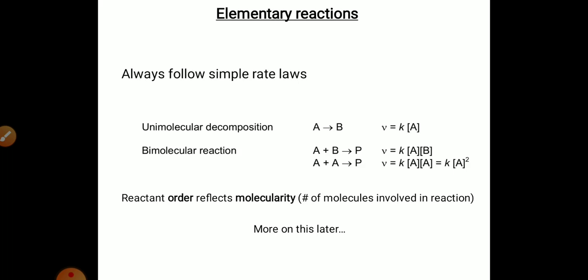So in an elementary reaction, okay, like a unimolecular reaction and a bimolecular reaction. For a unimolecular reaction, A converts into B, so the rate of reaction is V equals K, concentration of A. In a bimolecular reaction, like A plus B converts into product P, and A converts into product P. So the rate of reaction for A plus B giving P is V equals K, concentration of A, concentration of B, and for the second reaction the rate of reaction is equal to K[A]^2.